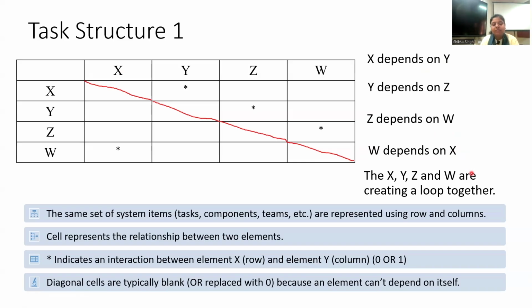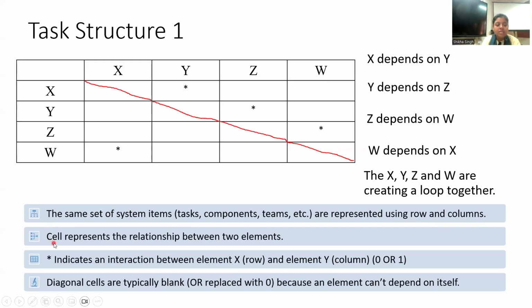So in this design structure matrix, this is just a matrix. Further, we'll process it through design structure matrix steps, following some linear algebraic steps about the matrix, and then we'll get the details about the components and the relationships. Here the same set of system items are represented using rows and columns, the way I've done here. Rows and columns have the same names. This is how it becomes a square matrix.